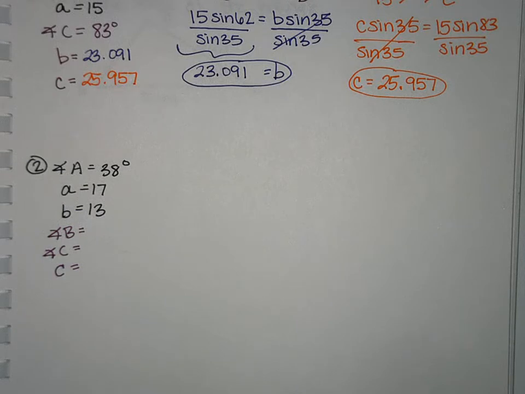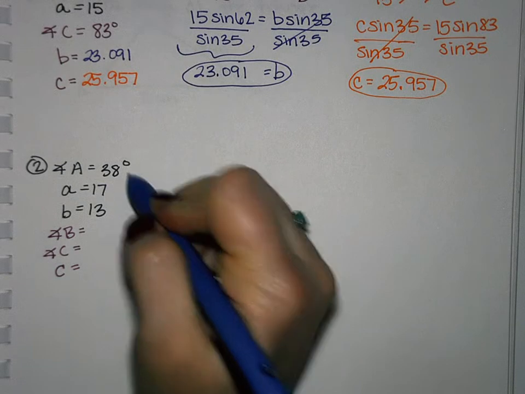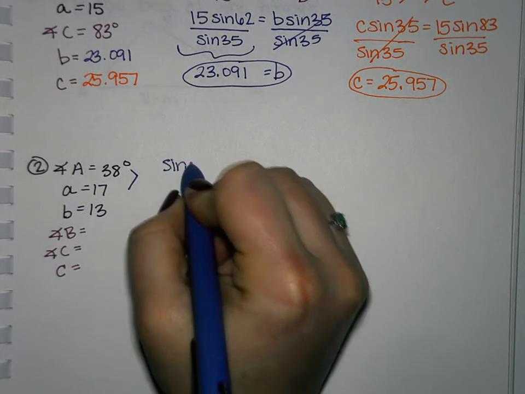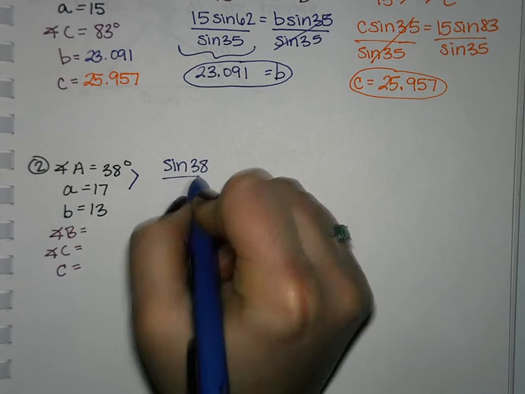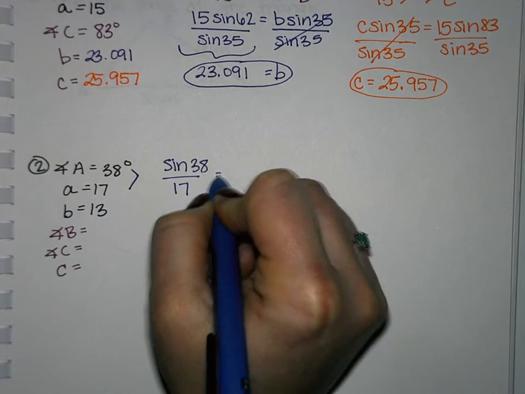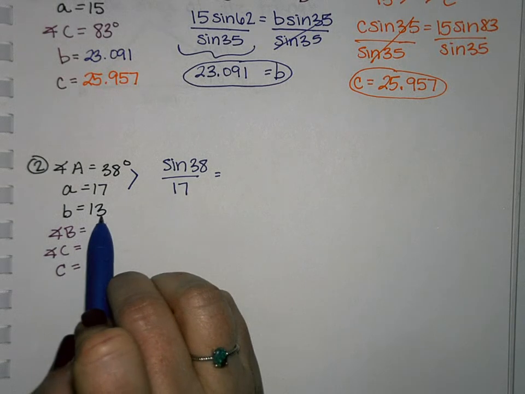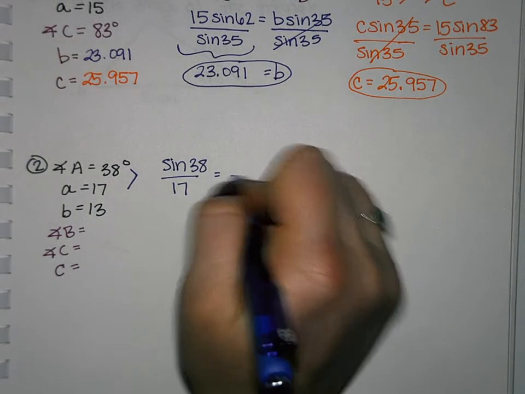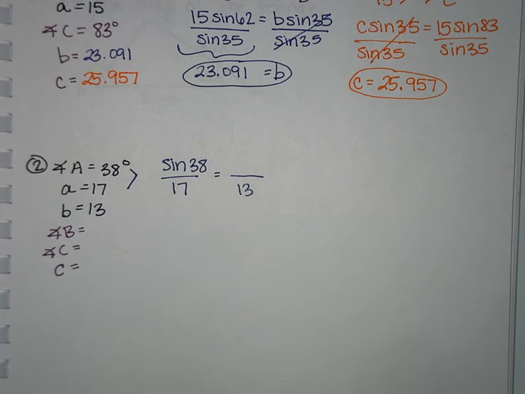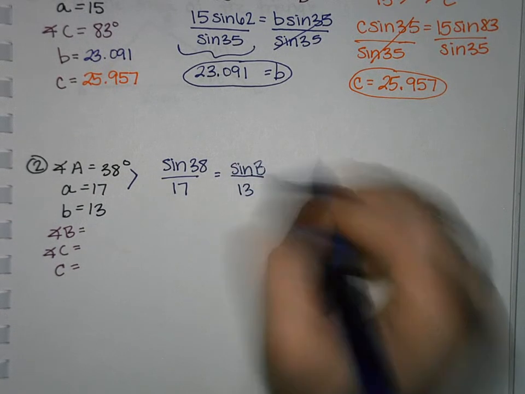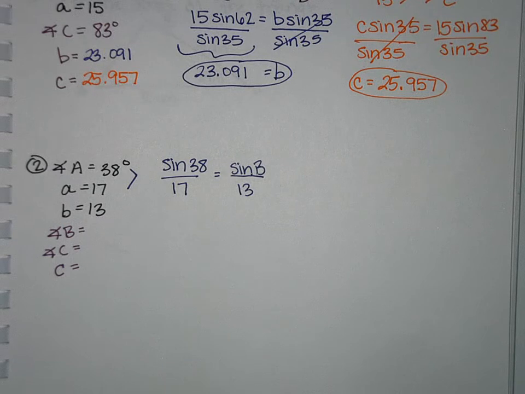So with this one, since I have angle A and side A, I can set up that proportion, sine 38 over 17. And if I start with finding angle B, because I know side B is going to go here in the denominator, and I'll have sine B on top. So we're going to have to do an inverse here to find our angle.